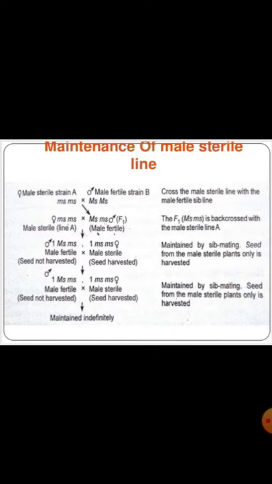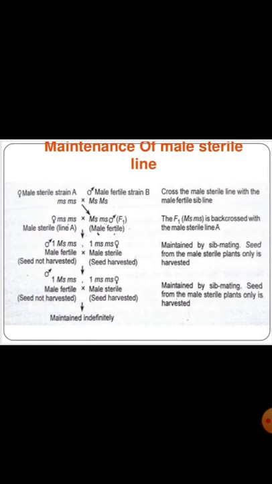the male sterile A. After this, the line is maintained by sib mating, and the seeds from the male sterile plant only are harvested.